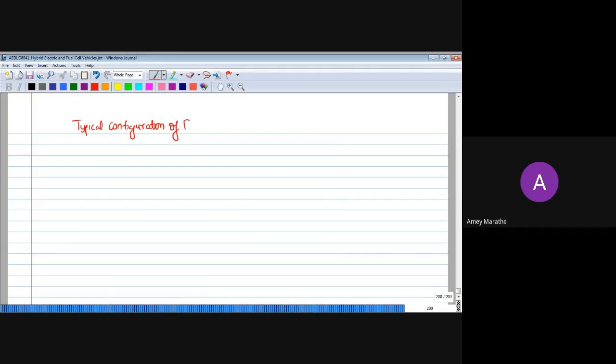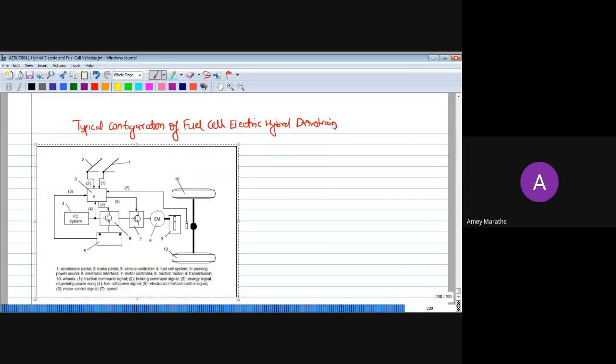It will look something like this. In this picture, we are taking input from the accelerator pedal and the brake pedal. Then we have the vehicle controller. You see we have the fuel cell system, and we have this peaking power source.